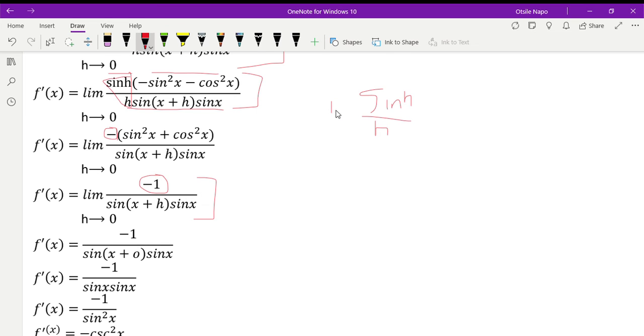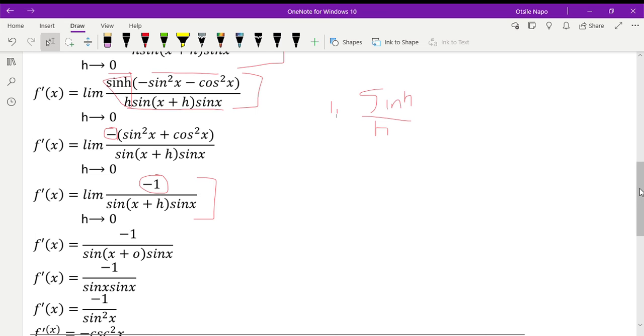Therefore, by multiplying with that 1, everything just remains the same. So we have no change. But it's very important that you identify this limit. Being able to identify this limit is going to make your problem solving much simpler.